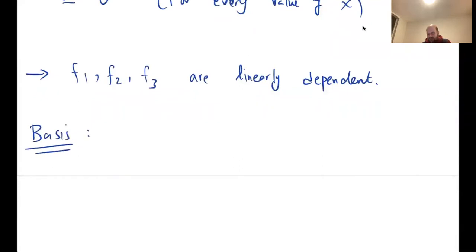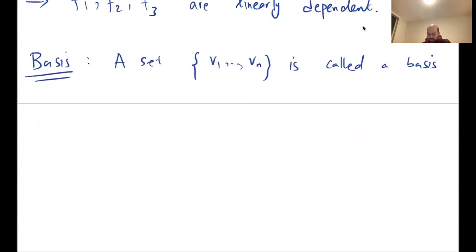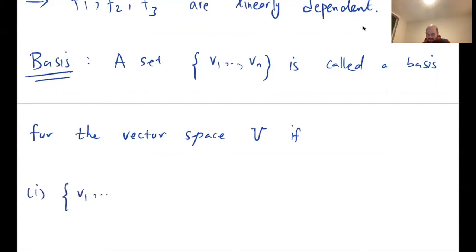So a set, let's say V1 to Vn, is called a basis for the vector space V if, first of all, this set V1 to Vn is linearly independent.